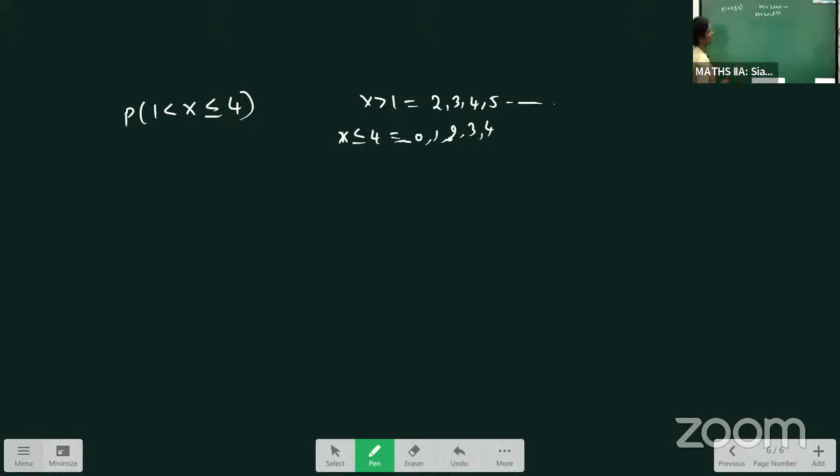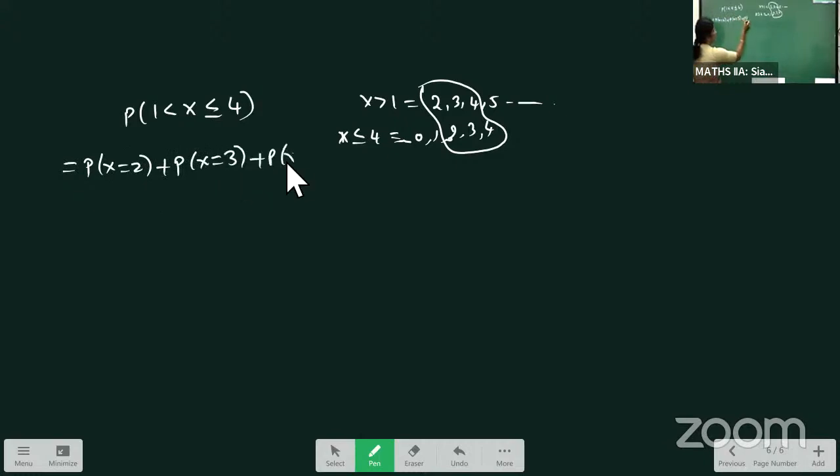In both of them, what are the common values? 2, 3, 4 are common, right? So P of 1 less than X less than or equal to 4 means P of X equal to 2 plus P of X equal to 3 plus P of X equal to 4. These values we have to find out.